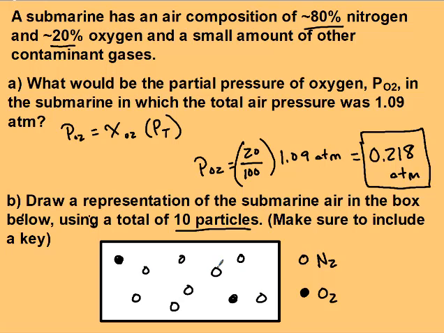Remember that it is a gas, and since it's a gas, it should be filling the box. So that's one thing that you should be making sure that your diagram looks like. And then the nitrogen and oxygen should be randomly spread throughout. So it should be a homogeneous mixture, not hetero, because the nitrogen and oxygen densities are roughly the same. So they should be mixing completely.